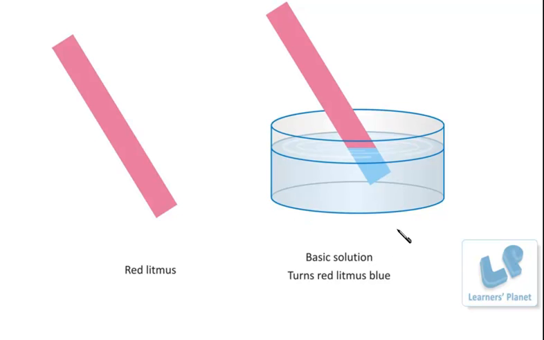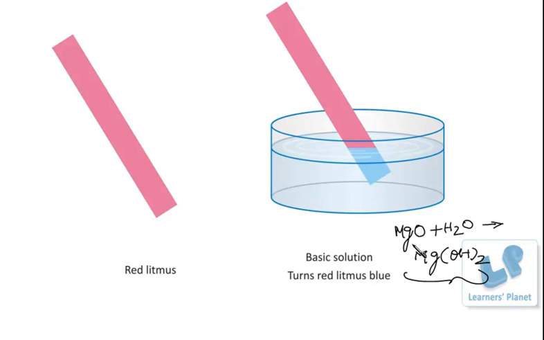The magnesium oxide which is formed reacts with water, forming magnesium hydroxide. This magnesium hydroxide is basic. This is a red litmus paper, and the solution is turning red litmus paper blue.